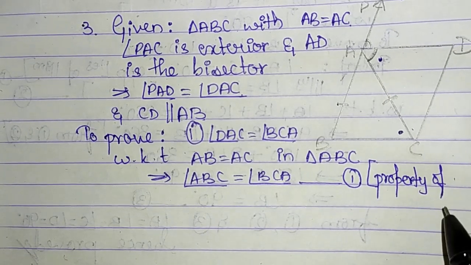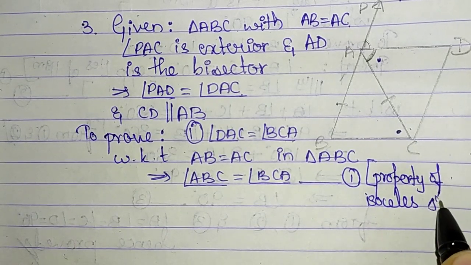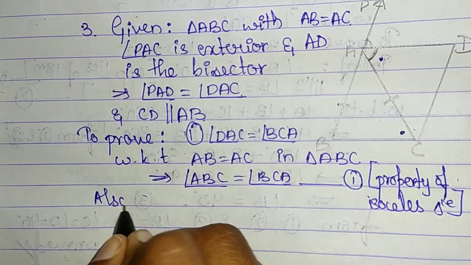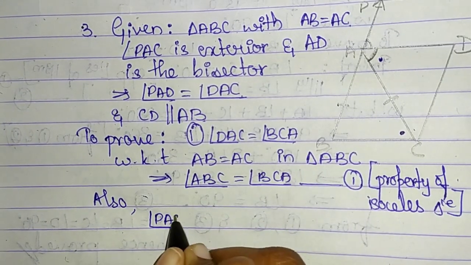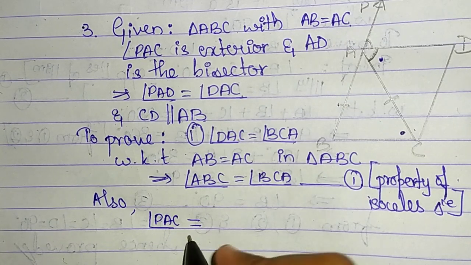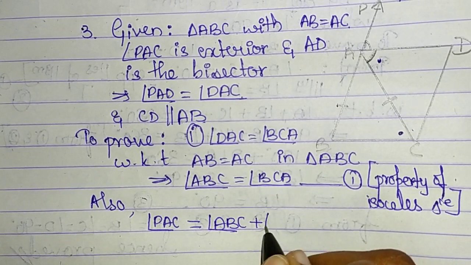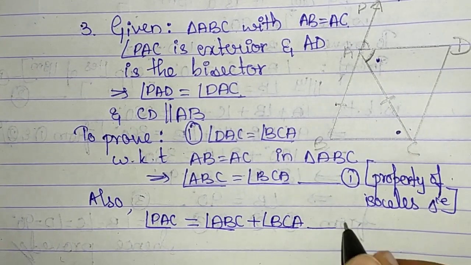Property of isosceles triangle. So now also angle PAC is equal to angle ABC plus angle BCA. This is result 2.